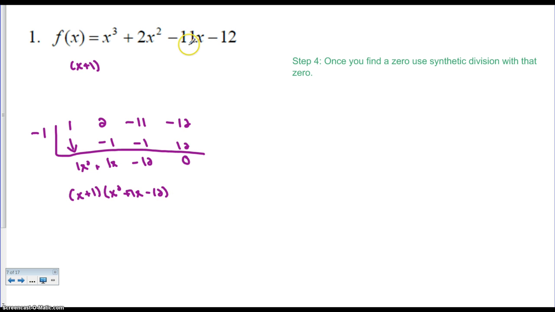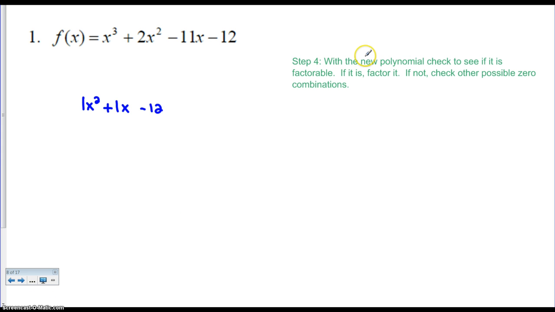But I'm not done. I want to find out if there are any other zeros. So instead of going back to the beginning, I have a smaller quantity right now: x squared plus 1x minus 12. With that new polynomial, I want to check to see if it is factorable. If it is, factor it. If not, check other possible zero combinations.